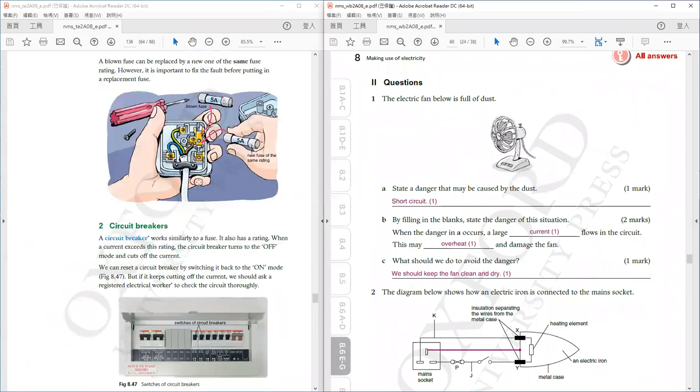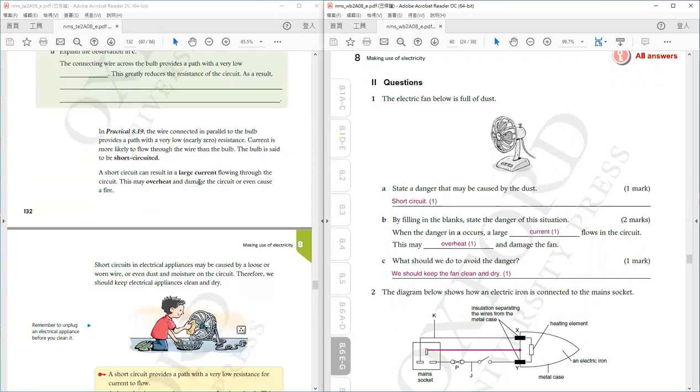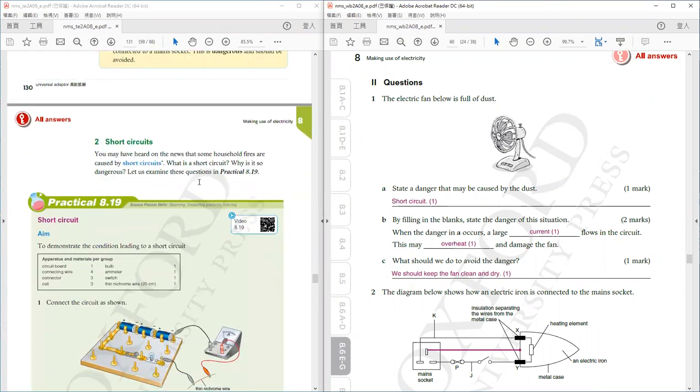Short circuit is here. So in this old electric fan, there's lots of dust. The dust may contain something that conducts electricity. So we call this short circuit. Short circuit may cause some dangerous situation.